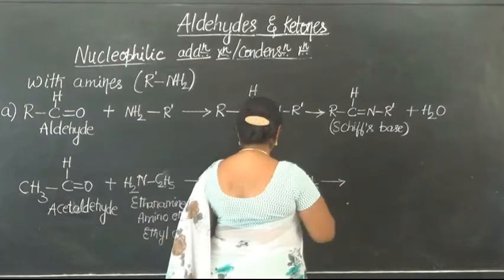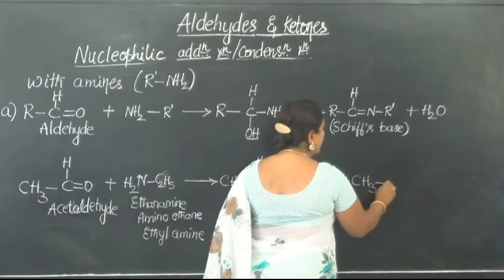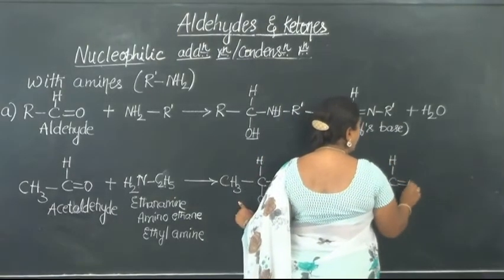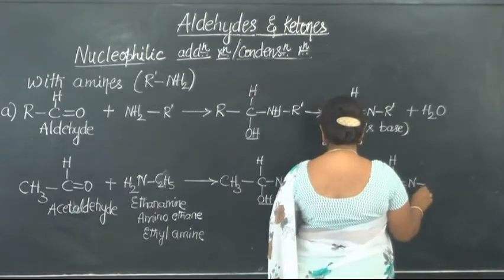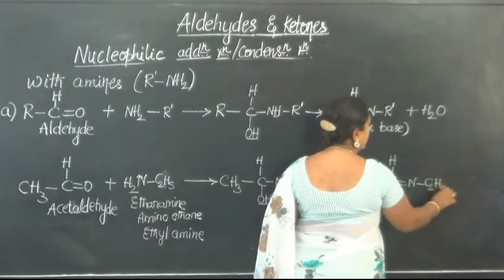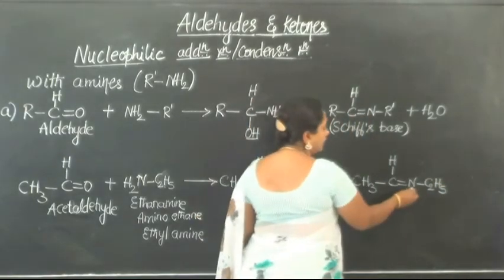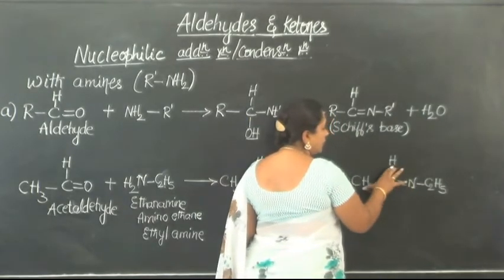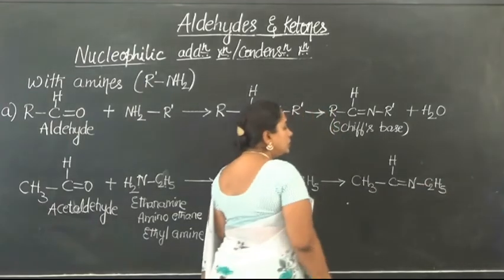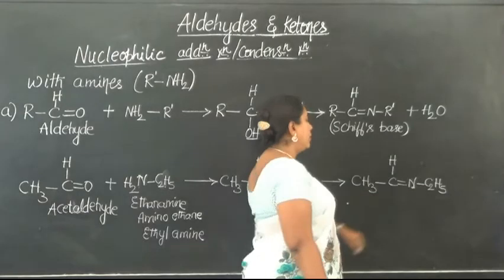Now we land up in the formation of a compound as CH3 single bond C above hydrogen, double bond N and then linked with C2H5. So the name of this compound: because it is with the nitrogen that this component is attached, you need to consider nitrogen itself for naming the compound.